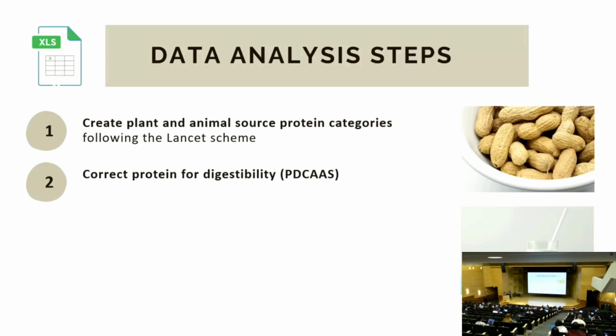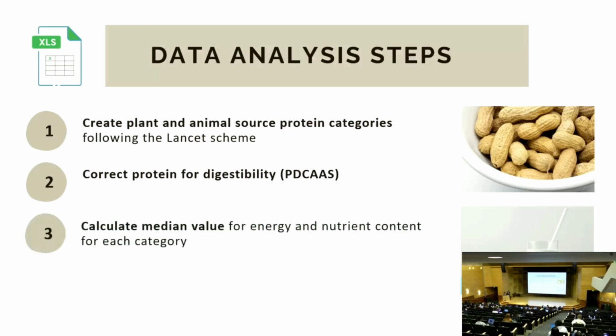So for example, peanuts might have a lower amount of the protein that's actually absorbed to be used by our bodies, whereas with milk, almost all of the protein is absorbed in our digestive tract to be used. So this is also something to take into account when we think about adequacy or sufficiency in our own bodies. So I also added a new variable for PDCAAS for each of these different food groups.